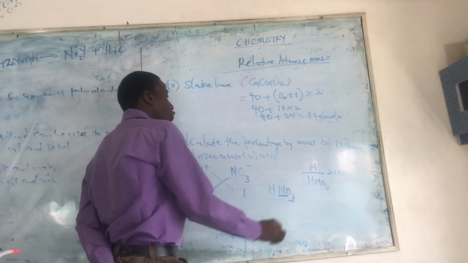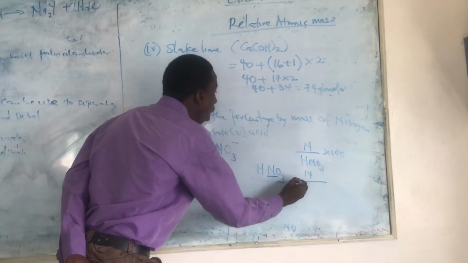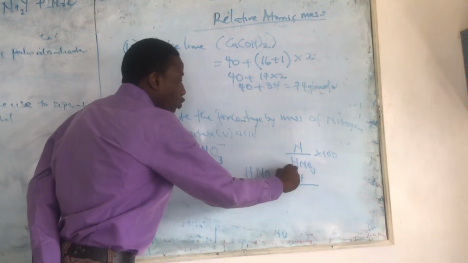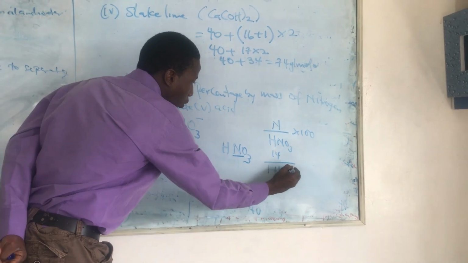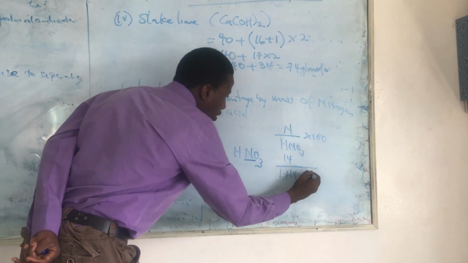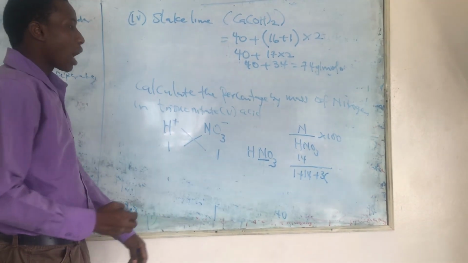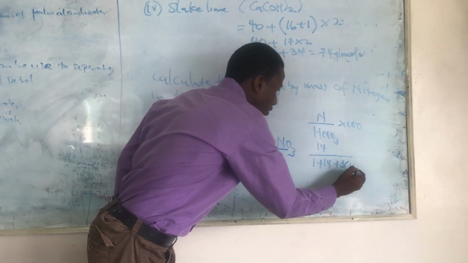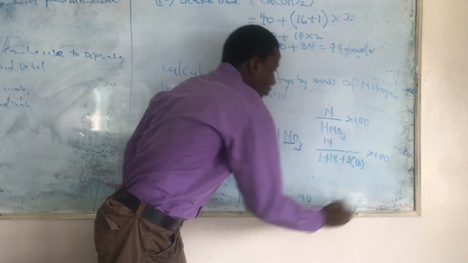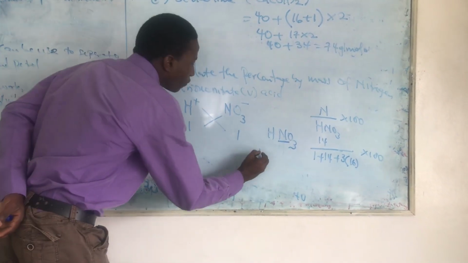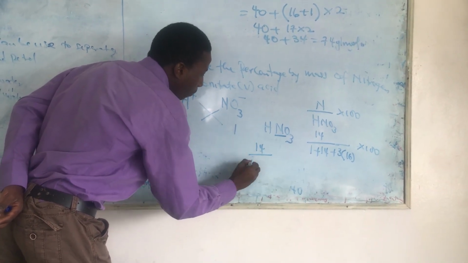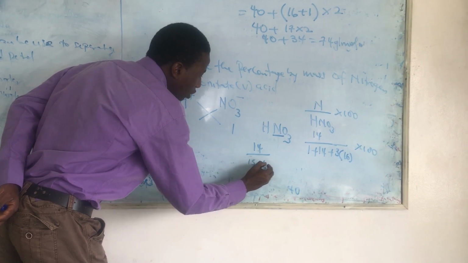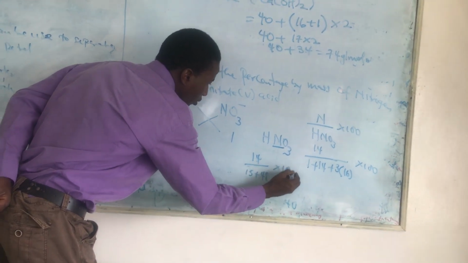What's the molar mass of nitrogen? 14. What's the molar mass of hydrogen? 1, plus nitrogen 14, plus oxygen, 3 brackets. How many oxygen? 16 times 100. And that gives 14 over 1 plus 14 plus 48 times 100.